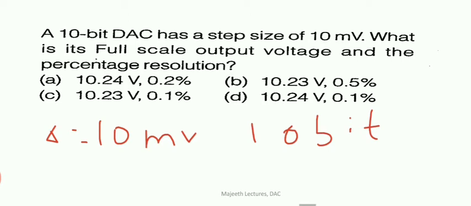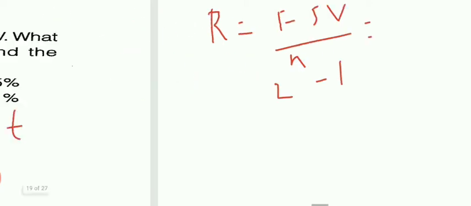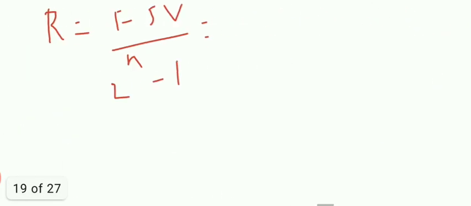We know that resolution in terms of full scale output voltage is given by resolution is equal to FSV divided by 2 power n minus 1. So what they ask is FSV. So FSV is equal to resolution into 2 power n minus 1. Resolution or step size is given by 10 millivolt.